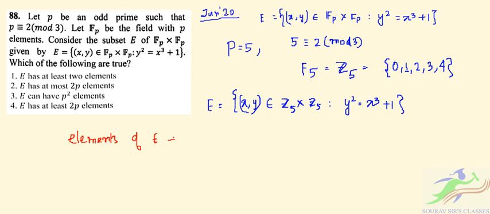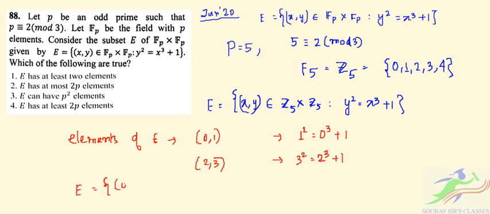The first one will be (0, 1), because 1 square is equal to 0 cube plus 1, and (2, 3), because 3 square is equal to 2 cube plus 1. So these are the two elements. So E is equal to {(0, 1), (2, 3)}. E has two elements. In our case, option 1 is correct, right?